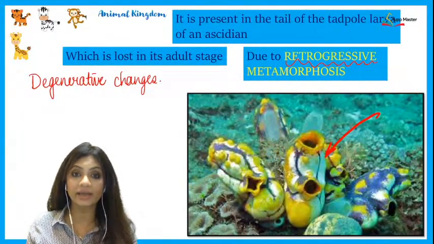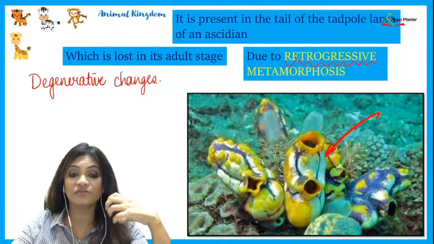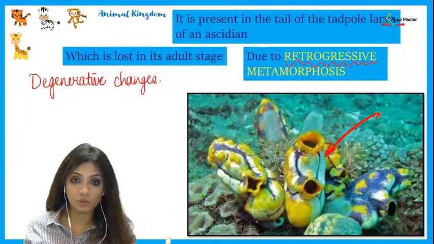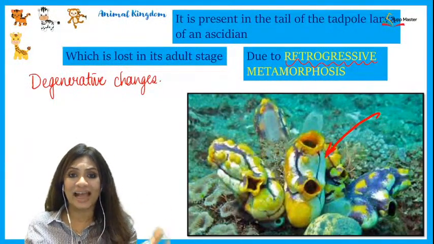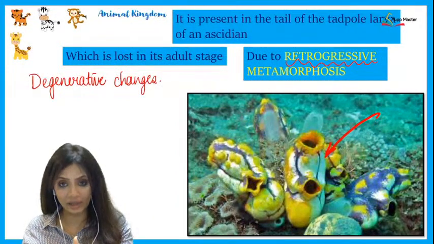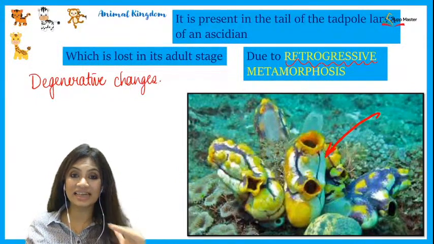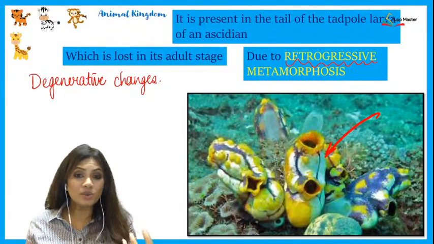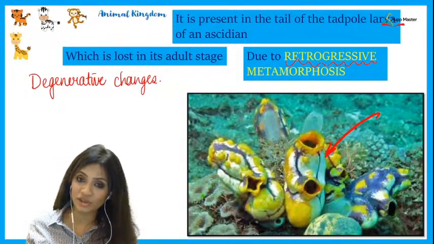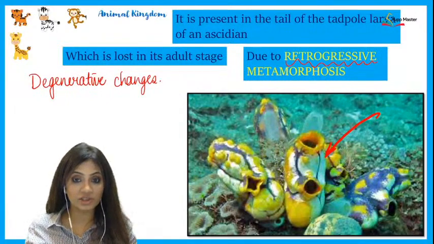In the sense that this animal, from being in a larva form, which is very active, swimming around or moving about, as that larva form is going to transform into an adult, the lifestyle of that animal becomes sedentary. So it is losing all its activeness, and it's becoming sedentary. So these are what we're going to be calling the degenerative changes.